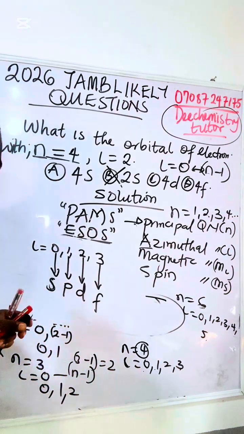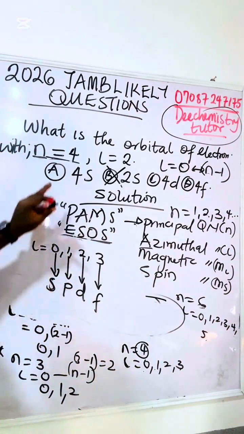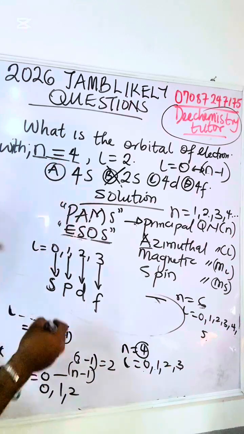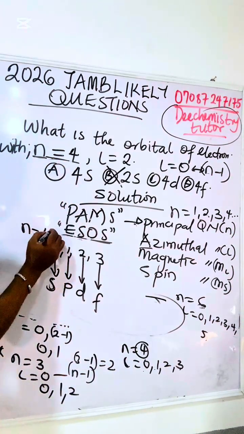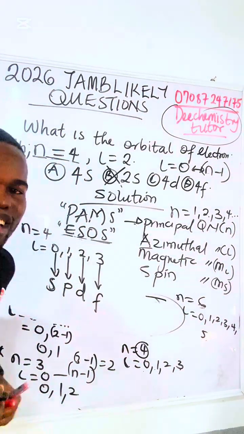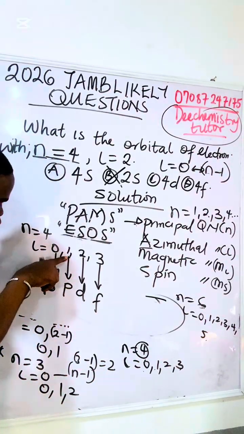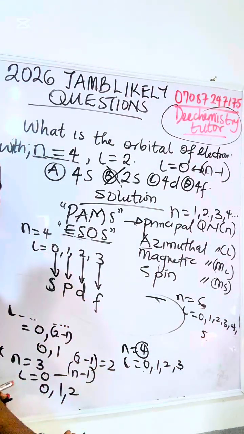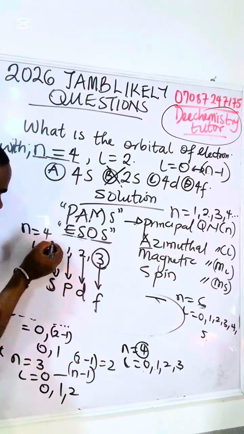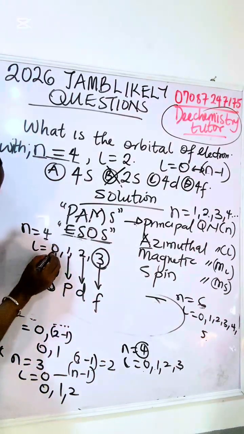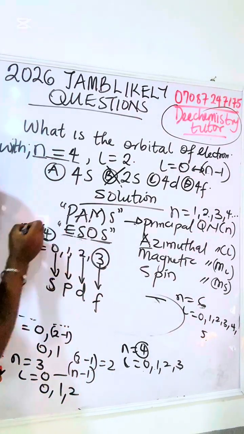We have gotten the answer. So if n equals 4, you already know the values of L. It must range from 0, 1, 2, 3, based on what I've taught you. The upper limit must be 3, not 4. But when you count it, 1, 2, 3, 4, it must be 4.